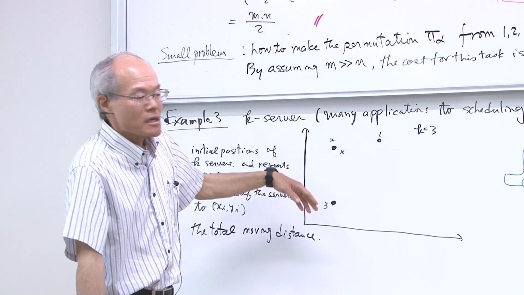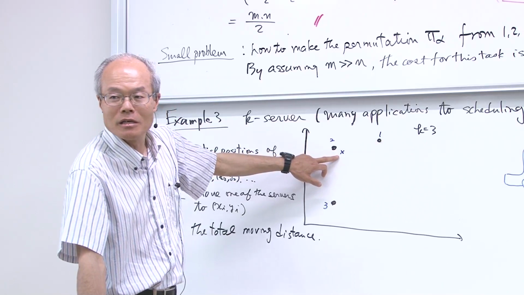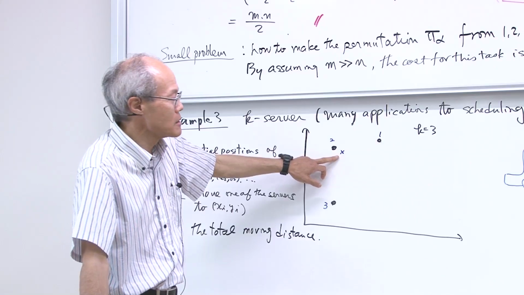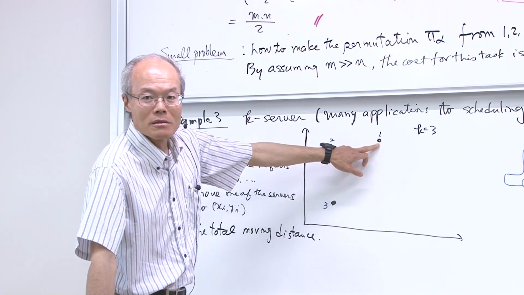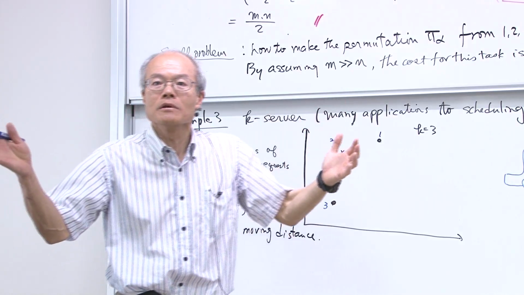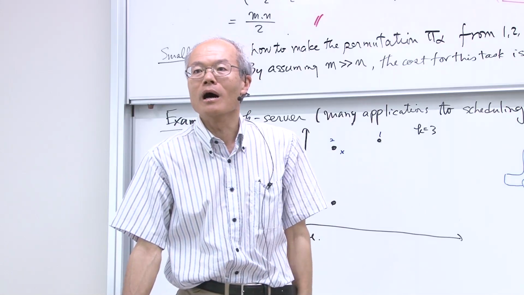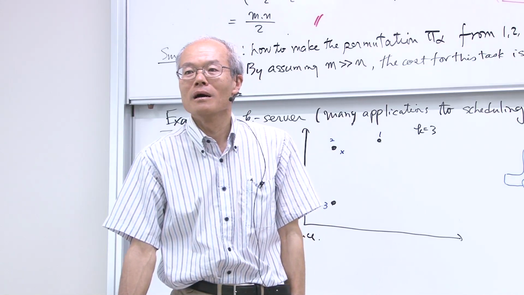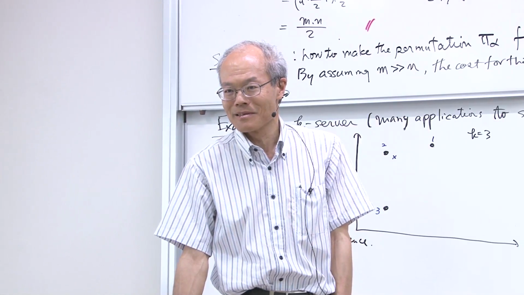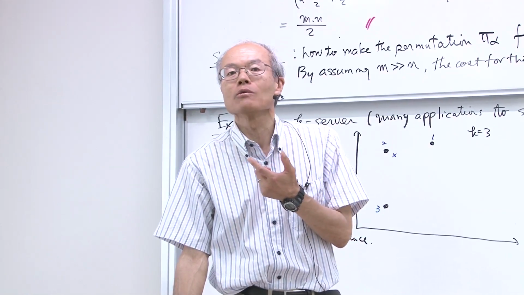But if you know the requests come at this point and this point repeatedly, then what would you do? Of course, for the first request, we move this guy to here. Then after that, we don't have to move any server at all. That is the essence of online algorithms. So we always consider the worst case.